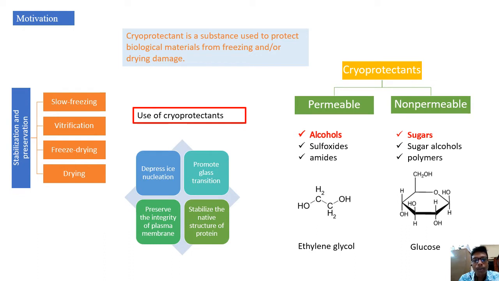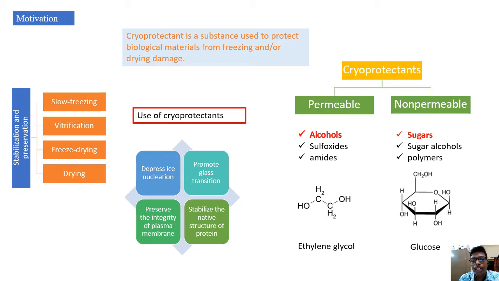There are four supposed pathways: it can depress the ice nucleation, promote glass transition, preserve the cell membrane, or stabilize the native structure of protein. Depending upon their active sites, cryoprotectants can be classified into two categories: permeable and non-permeable.